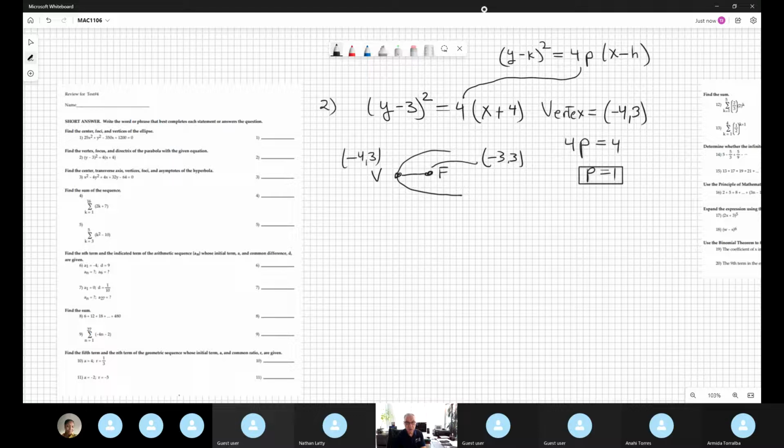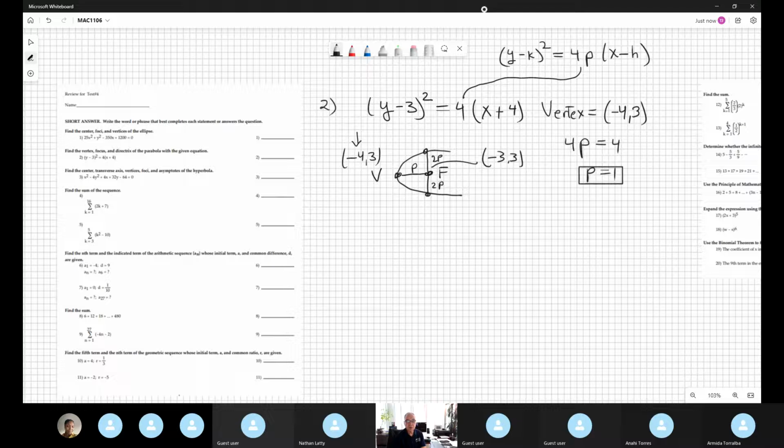When you move horizontally, you affect the x component. The y component stays the same. It's -4 plus 1 because you move to the right, it's plus. So it's -3.